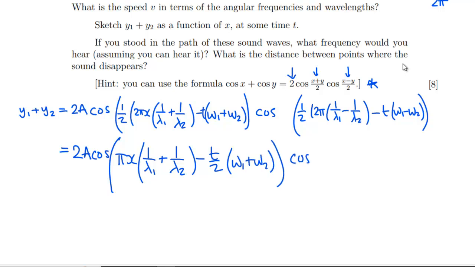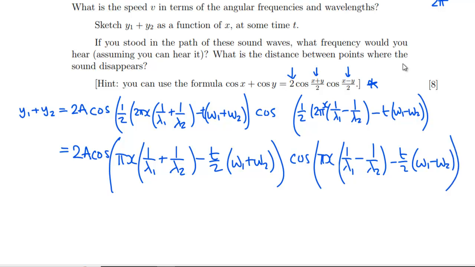And then we've got cos of much the same sort of thing. Oh, I've left the x out of that one. So pi times x, and we're just putting in these minus signs now. Minus t over 2 times omega 1 minus omega 2.